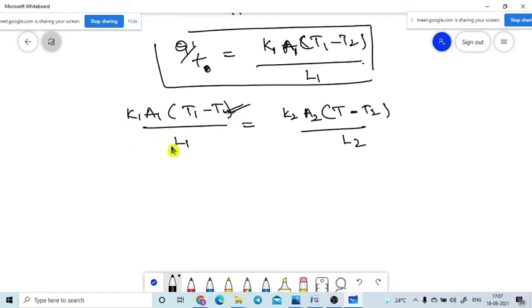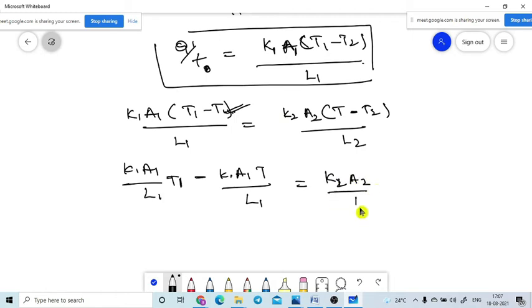Just multiply: K1 A1 into T1 divided by L1 is the first term, then minus K1 A1 T divided by L1. In the similar manner here, K2 A2 T divided by L2 minus K2 A2 T2 divided by L2. I am concentrating on T now.